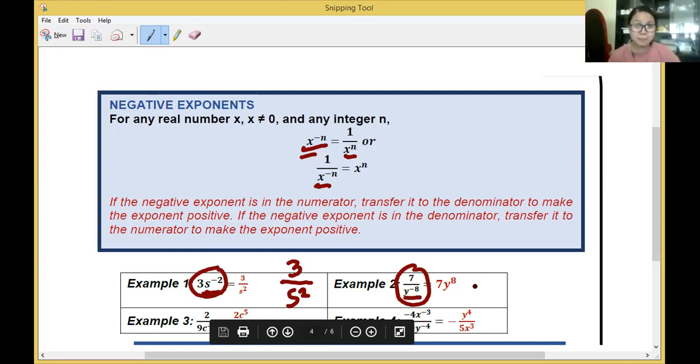We transfer it up, it becomes y to the power of 8. Or for here, the negative exponent is in the numerator. We transfer it down, x cubed. And the 1 in the denominator, we transfer it up. You have y to the power of 4.